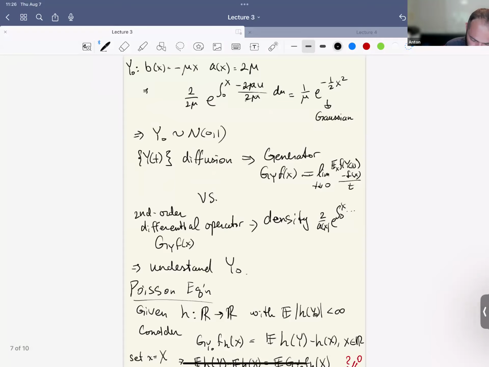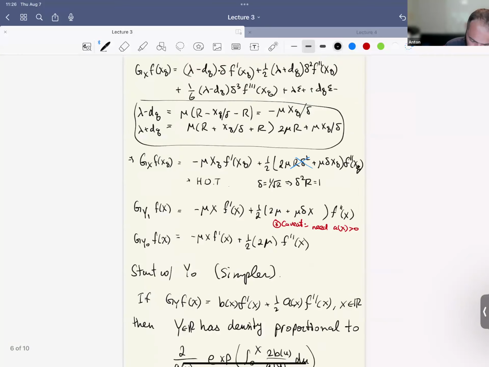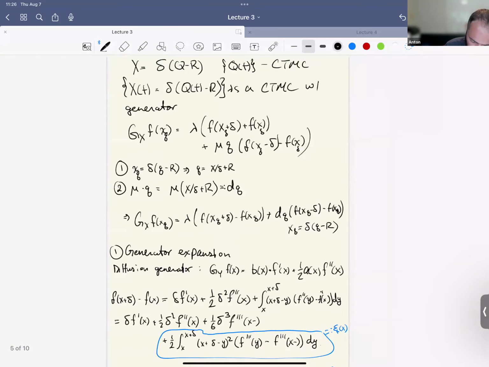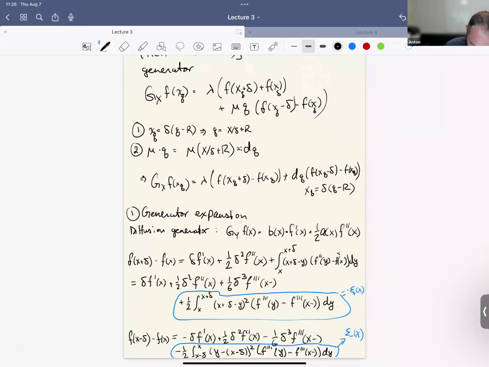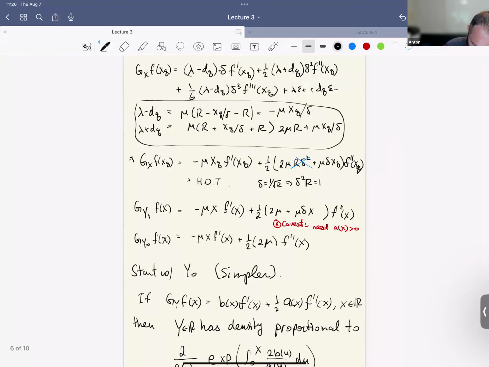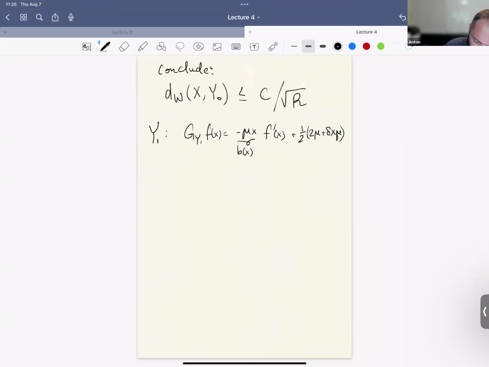Let me see. Yes. Okay. And here we'll have f double prime of x. So I want to talk a little bit about what we can show for y1, a little bit about how we do it, and contrast with why not.